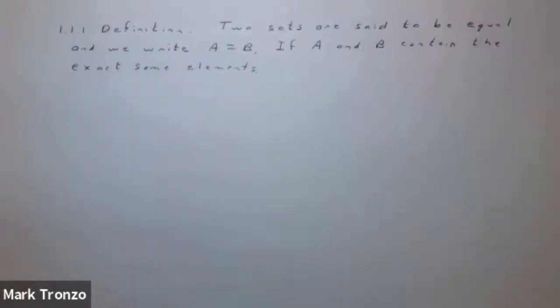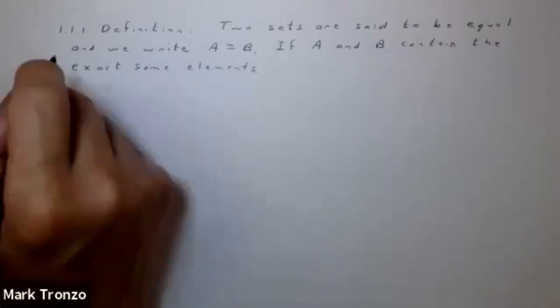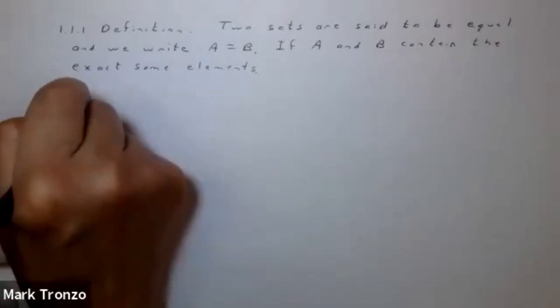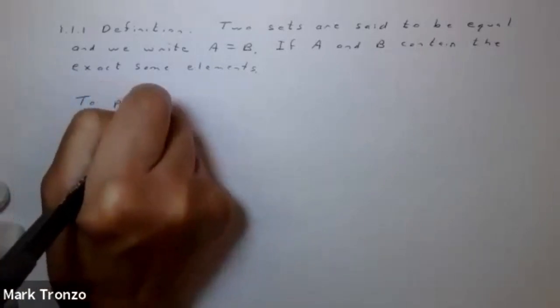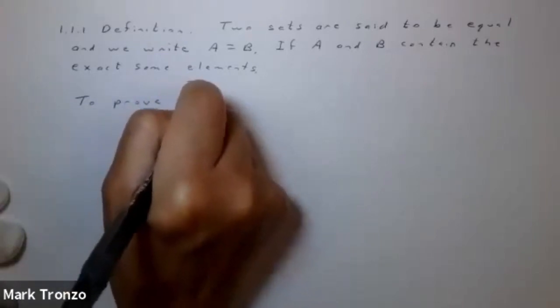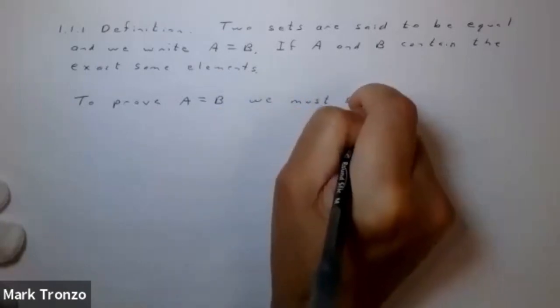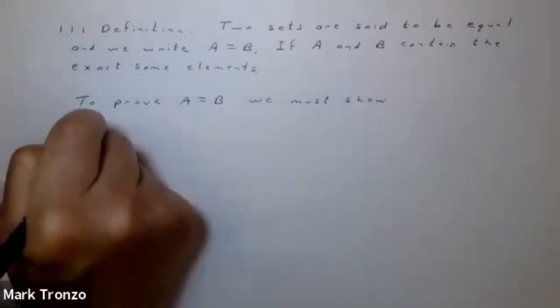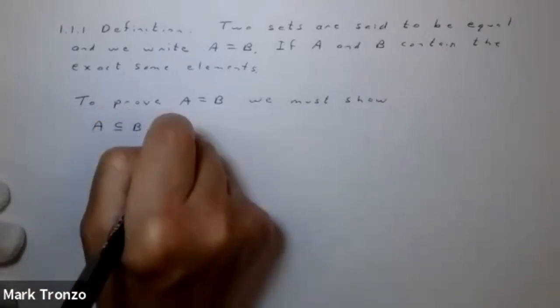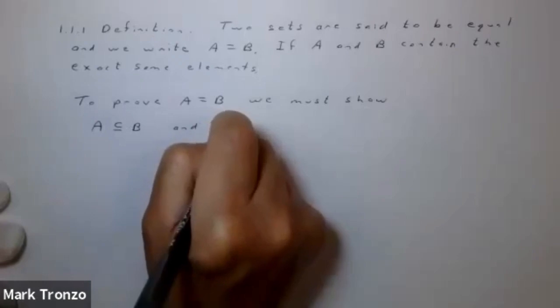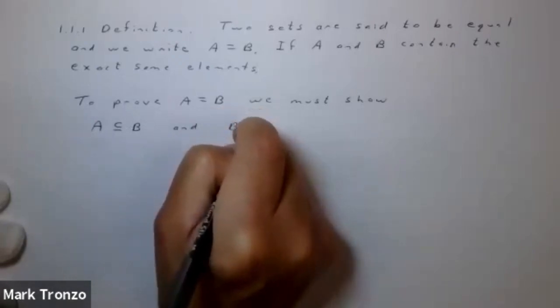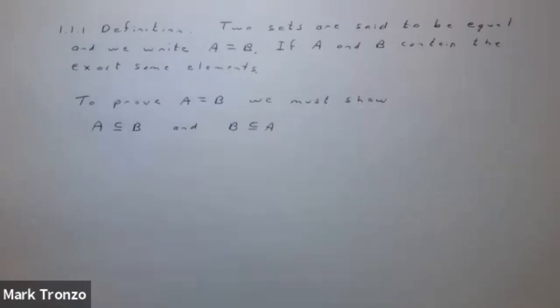Now later we'll be doing proofs. If we want to show that A and B are equal, we have to show the following. To prove A equals B, we must show that A is a subset of B and that B is a subset of A. Because the only way both could be true is if they're equal.